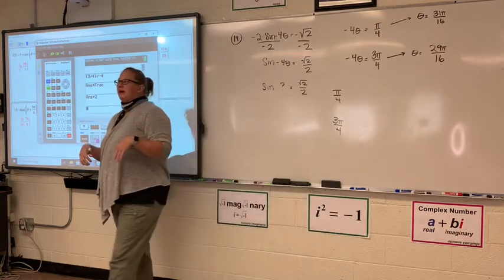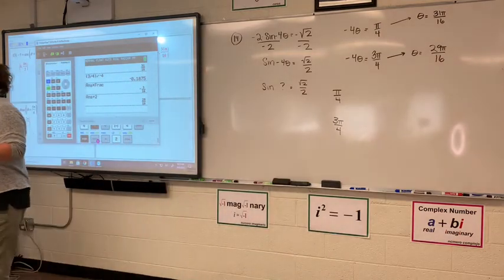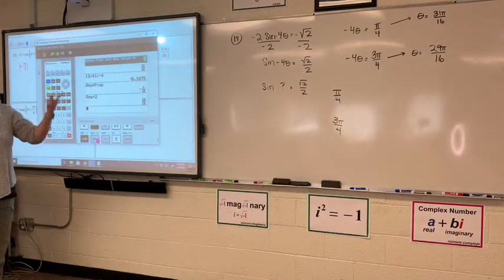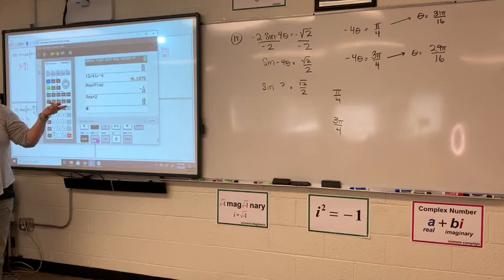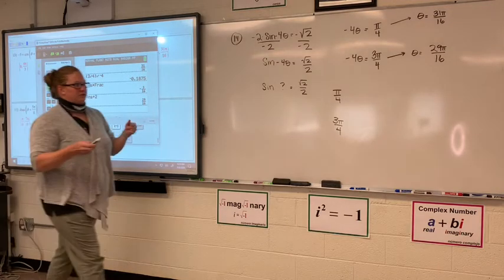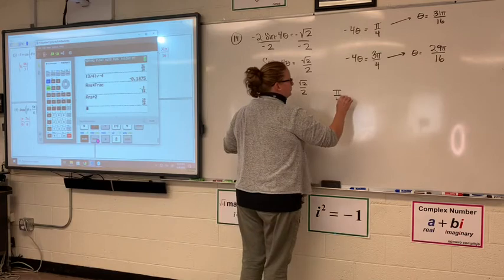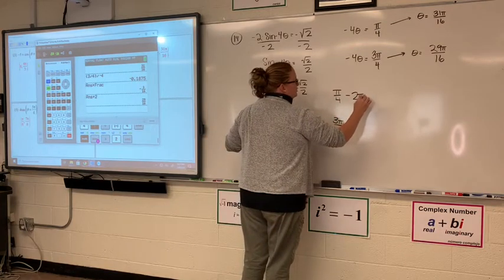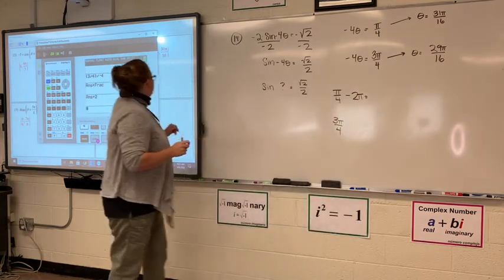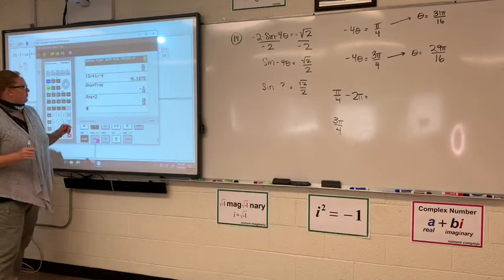Now what I did when I worked on it, because I had to work on it too since I hadn't done this in a while, was I realized I was going to be dividing by a negative, and I didn't want to keep doing the same thing where I had to add and add. So how can I find a coterminal angle and make it negative, so when I divide by the negative, it's positive? You subtract 2 instead of adding. So I'm going to subtract 2 pi to get an answer.